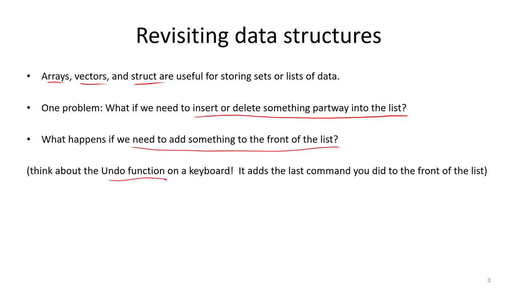Think about the undo function on a keyboard. That will basically take the thing that we did most recently and undo it. And as nice as arrays, vectors, and structs are, they are not as useful if we want to insert or delete data partway through.